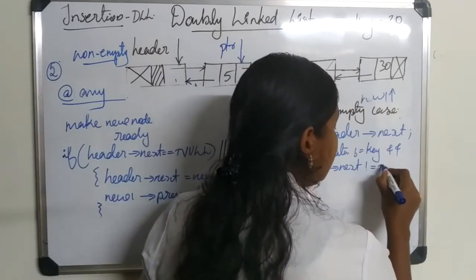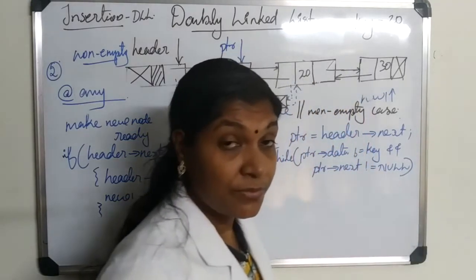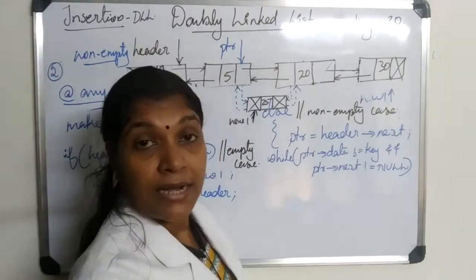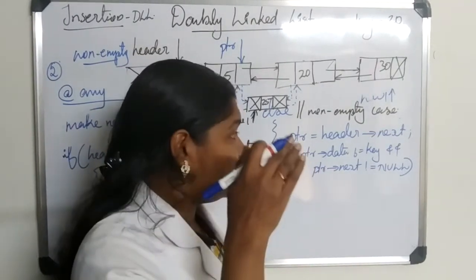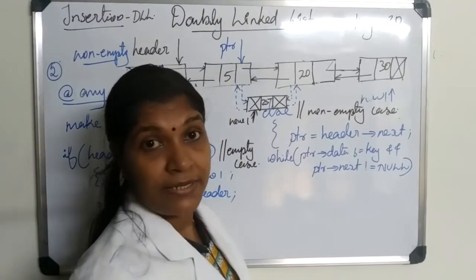The condition is that we need to consider the successful and unsuccessful case, that is, whether the key is present or not present, both these conditions we need to consider.